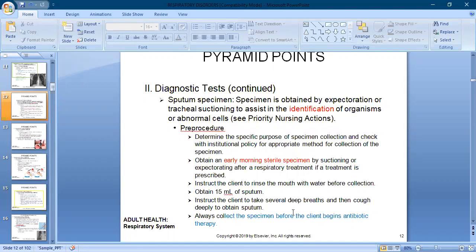But if the patient is very bad, with a lot of secretion, we just collect the specimen from the secretion. So always collect the specimen before the client begins antibiotic. If we start the antibiotic, the sputum will not show any kind of organism or pathogen.